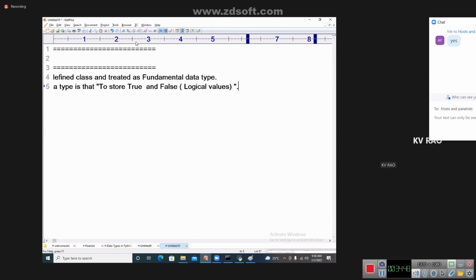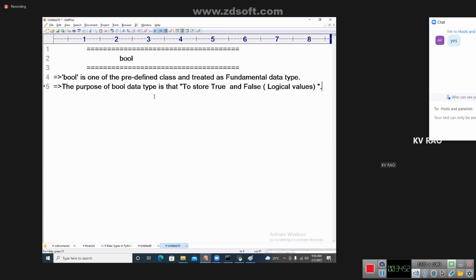Logical values. My dear students, please be careful. What questions will come in written tests and MCQs I will give you very perfectly. The purpose of bool data type is to store true and false values. True and false values are called what? Logical values we can call.